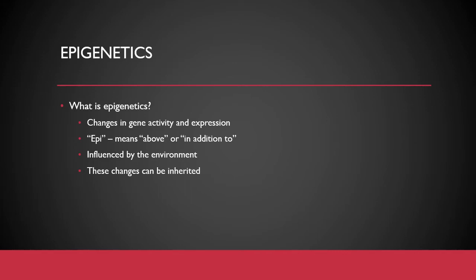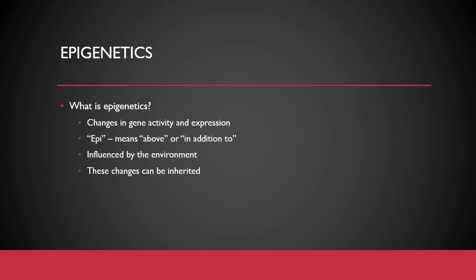The next thing that we are going to look at in regards to genetic factors of substance use disorder is epigenetics. Amanda, what is epigenetics? Well, epigenetics is the study of the changes in the gene activity and expression. So these are factors that affect the way that a gene is expressed or what the gene does.